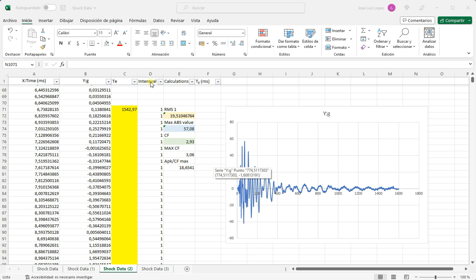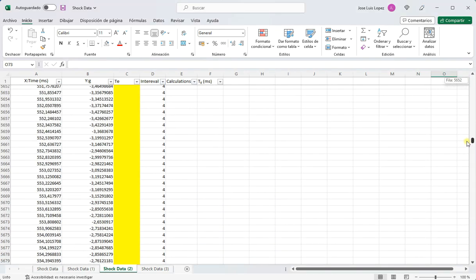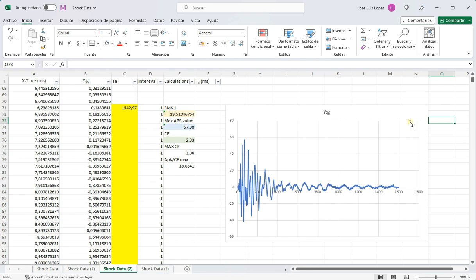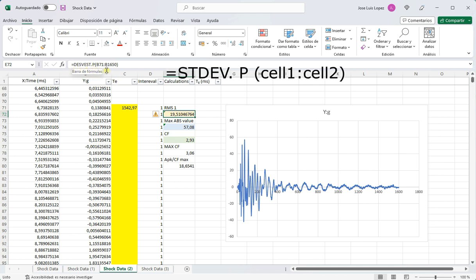So let's divide T small e in 10 intervals of 1,580 rows each and insert an auxiliary column more for calculation. We filter first row and select interval equal to 1. Within this cell's range, we calculate RMS value using the Excel function standard deviation of a large number of samples and the maximum absolute peak acceleration using the function max absolute.